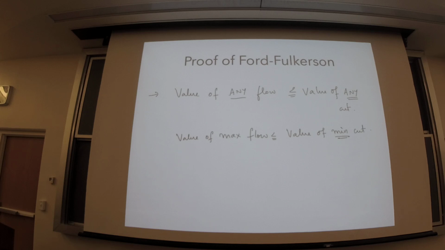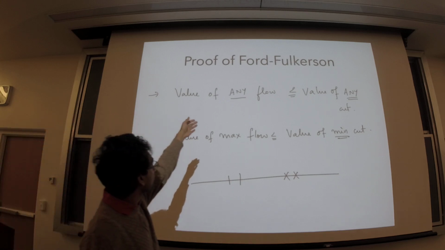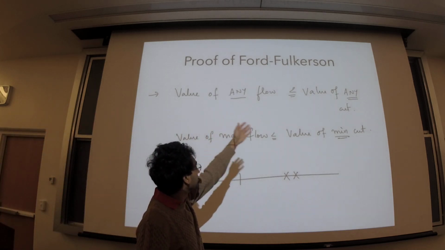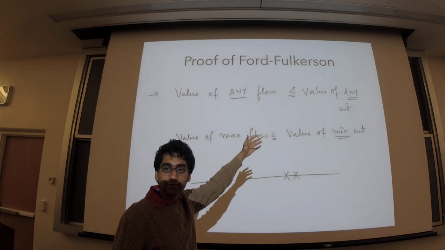Okay. So it's like saying if I take any flow, it has some value. It's smaller than or equal to the value of a cut. If I take some other flow, maybe it has a different value, but it's something. So what we have shown in the previous slide is that the value of any flow you can have is smaller than or equal to the value of any cut.